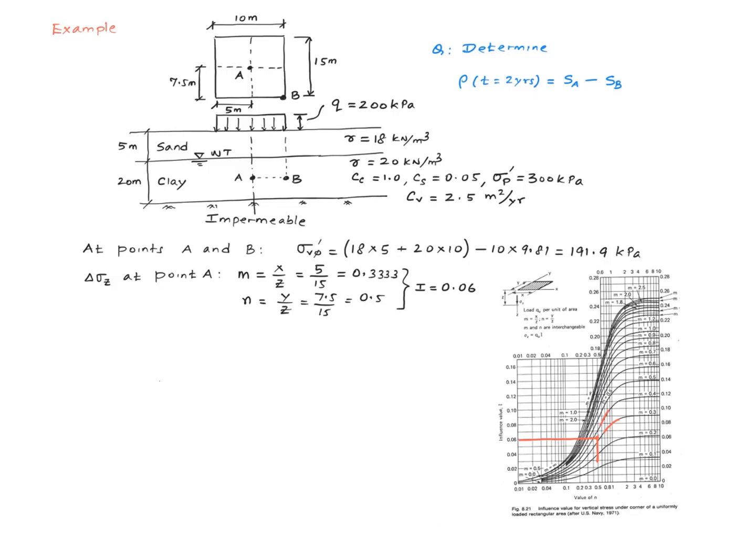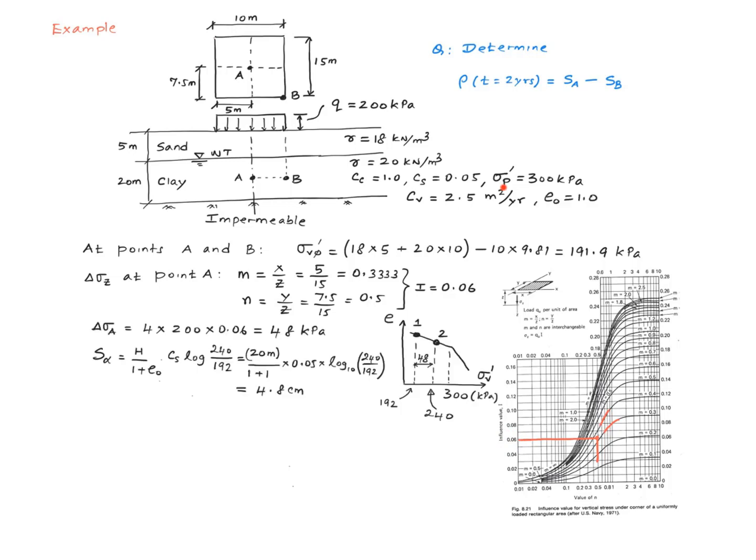So I calculate my little m, little n, and go to this chart and pick up the value of the influence value. I'll let you look at the chart from your book. But just to show you where the point plots, my point plots around here. So that gives me a value of 0.06 for the influence value.